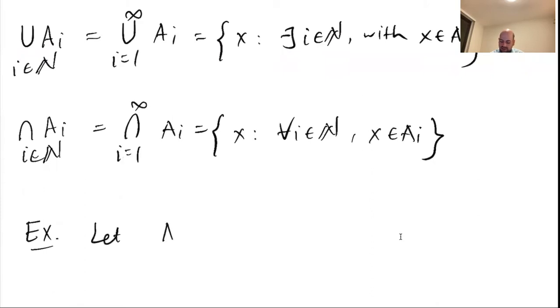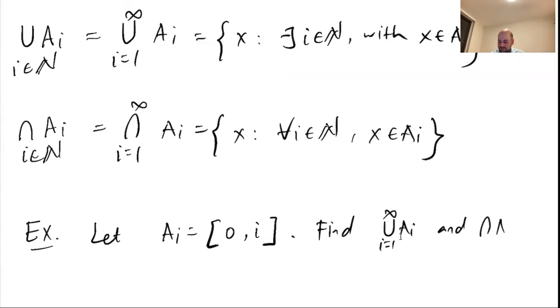Let AI equal the interval 0 to I. Find the union of AI, I from 1 to infinity, and the intersection of AI, I from 1 to infinity.